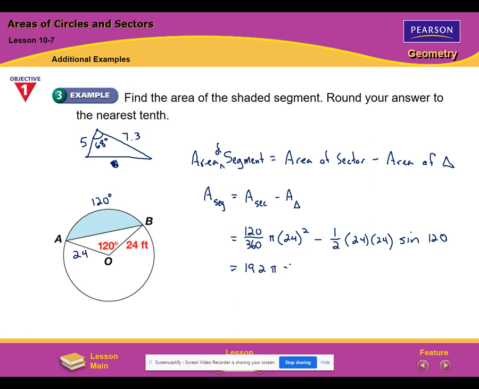And then 1/2 of 24 times 24 is 288, times sine of 120. I find that just to be easier to plug into the calculator. That's not a requirement. Just do it right. Don't sacrifice a line of work for accuracy. But if you can type this right here into your calculator, great.